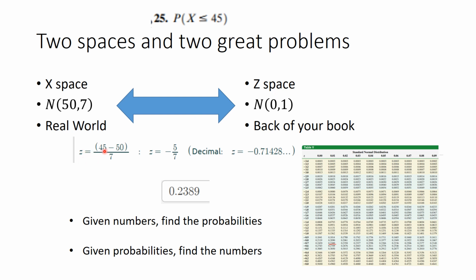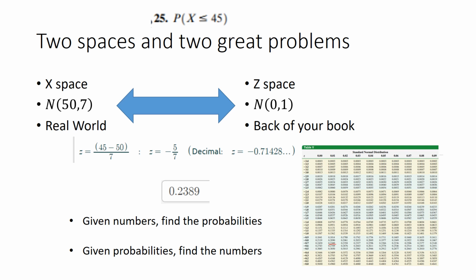So z is equal to x minus mu all over sigma. You do the calculation, you get z is equal to minus 0.71, and you can look that up in your table. If you look that up in your table, you come down to this spot here. Make sure you can do this, and you read the number that you find, and the number that you find is 0.2389. And again, this is an example of given numbers finding the probabilities.